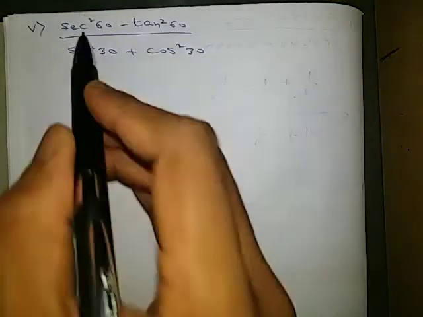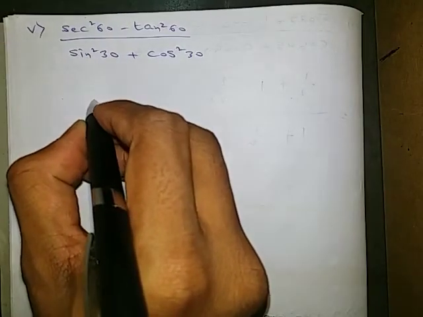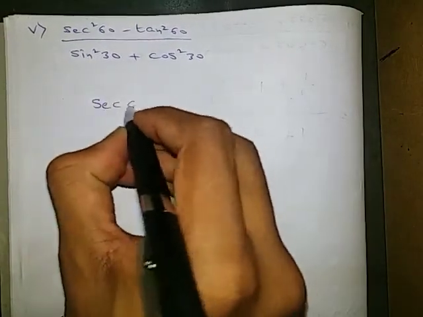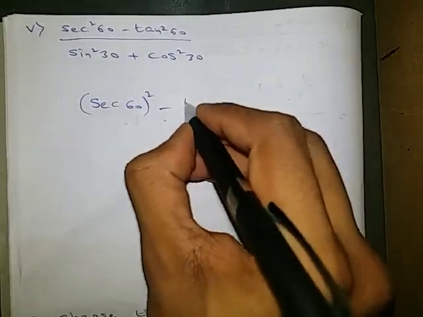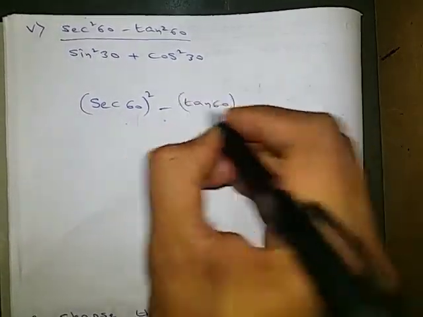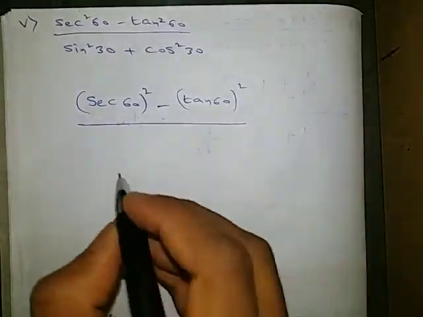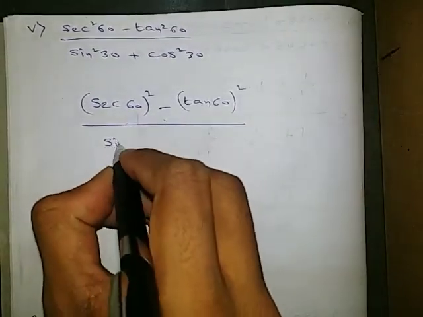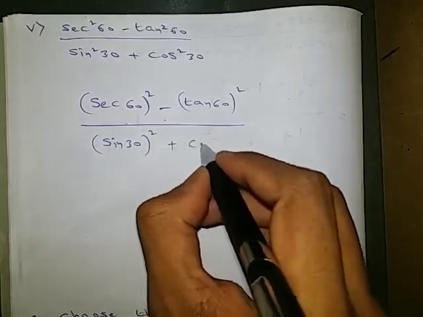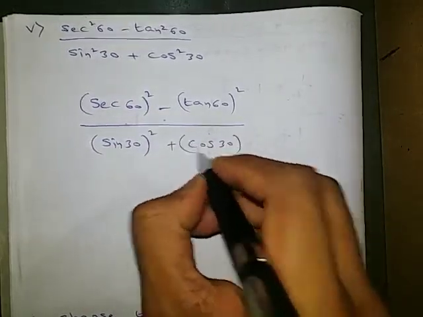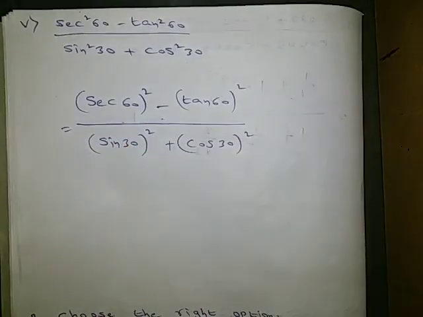Here secant square 60 can be written as secant 60 whole square, minus tan square 60 as tan 60 whole square, divided by sin square 30 as sin 30 whole square, plus cos square 30 as cos 30 whole square.